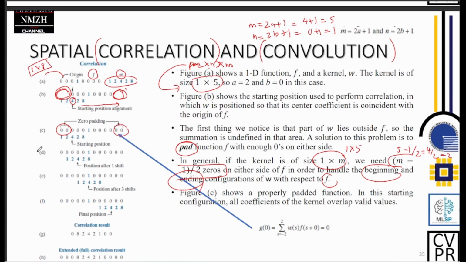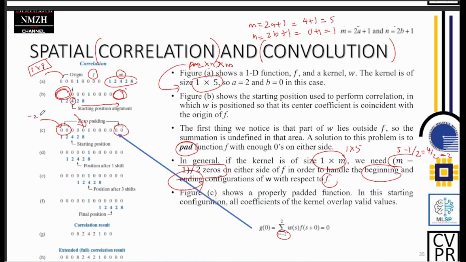After we get the idea of zero padding, we shall start the correlation by using this equation. Here -2 reflects this value, and 2 is this value.